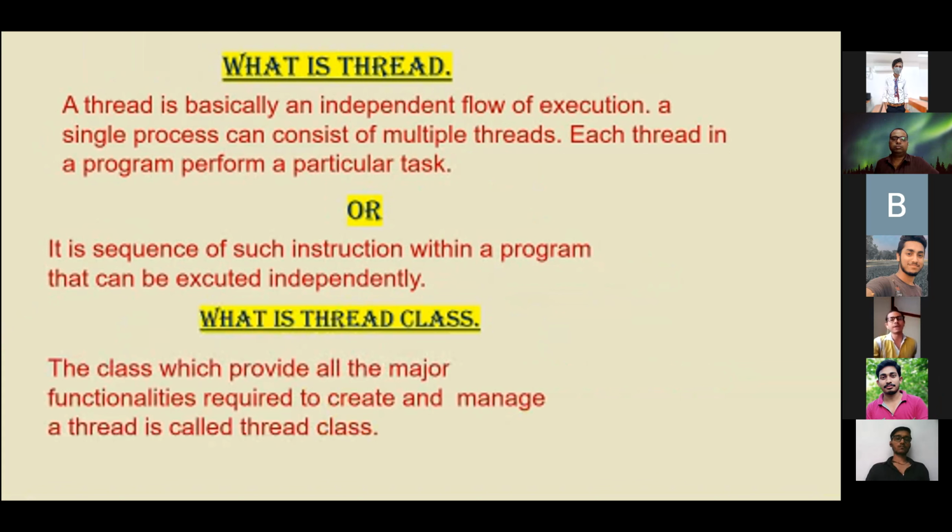I will start with what is a thread. A thread is basically an independent flow of execution. A single process can consist of multiple threads. Each thread in a program performs particular tasks.